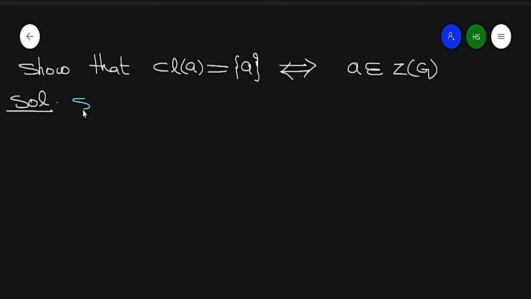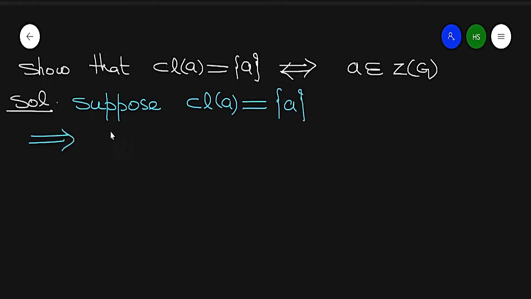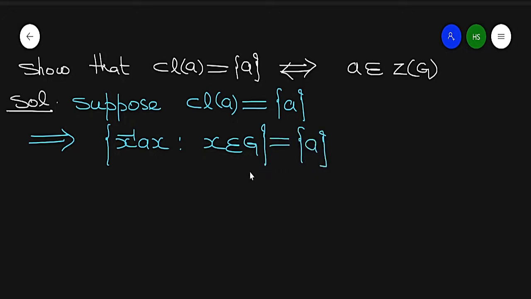Now suppose the class of A consists of only one element A. So what does it mean? Its elements are the set of X inverse AX such that X belongs to G. It is a set consisting of only one element.